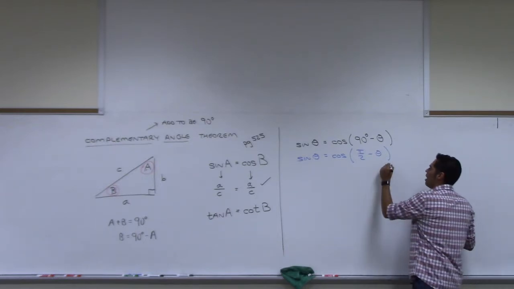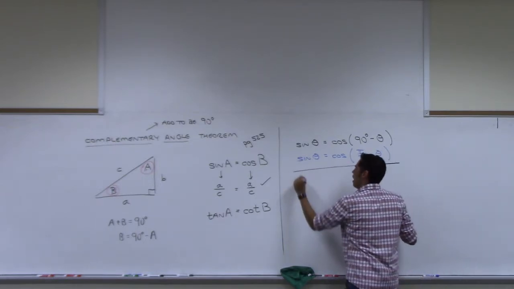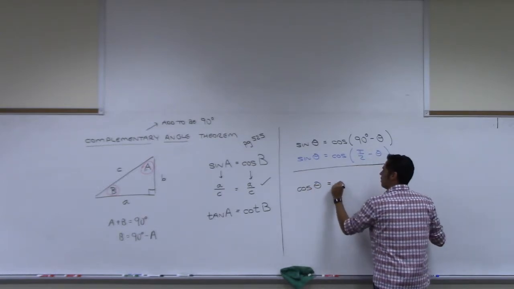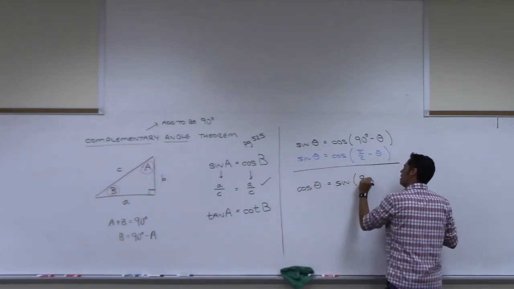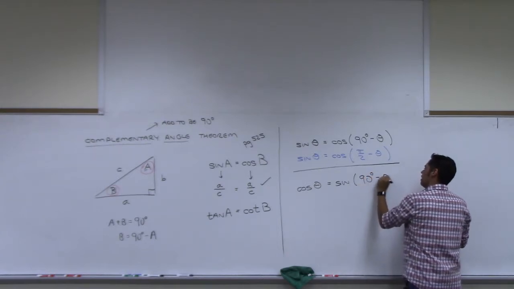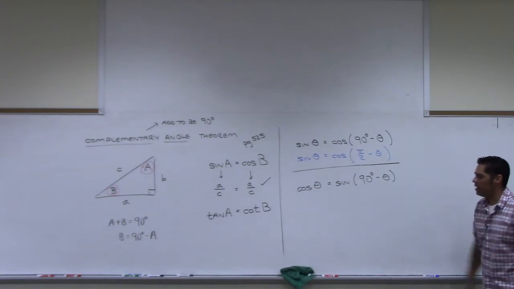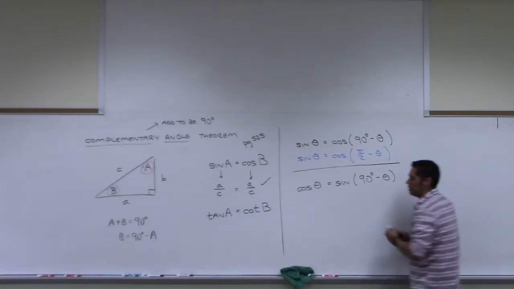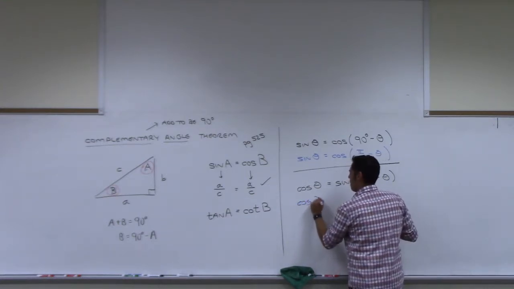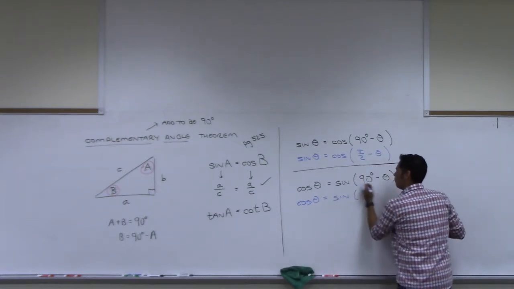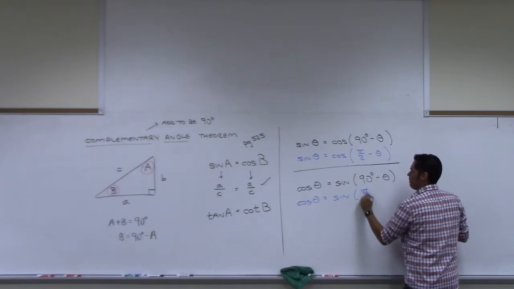So we have one for sine, and then for cosine theta, it would be sine of 90 minus theta. Same exact principle in action here. In radians, pi over 2 minus theta.